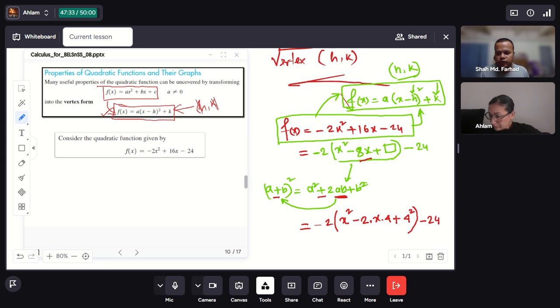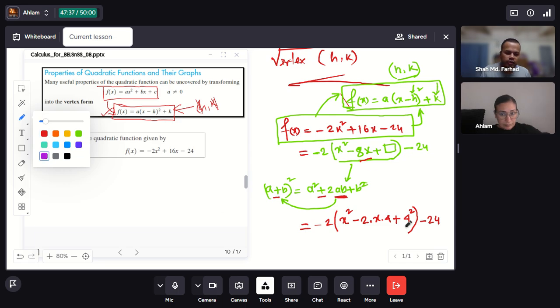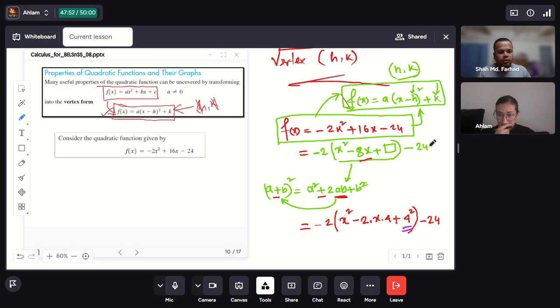Now what have we done here? This value was not over there. 4 square is equal to 16, right? Then we have here negative 2.